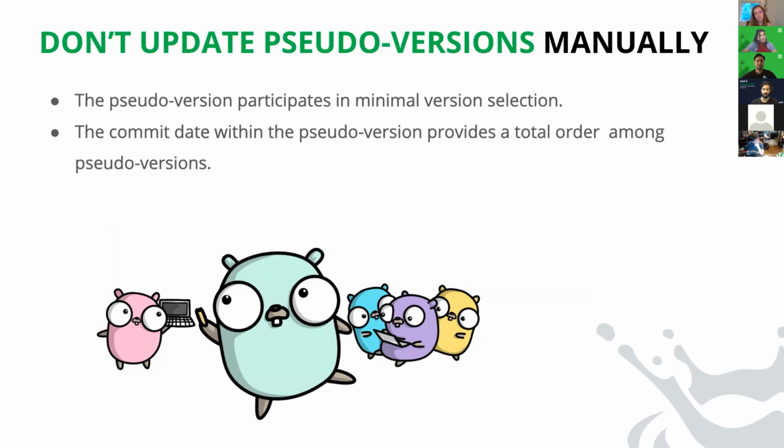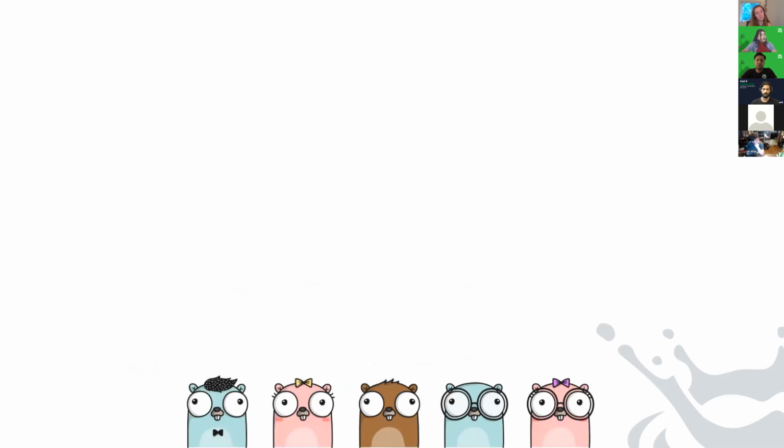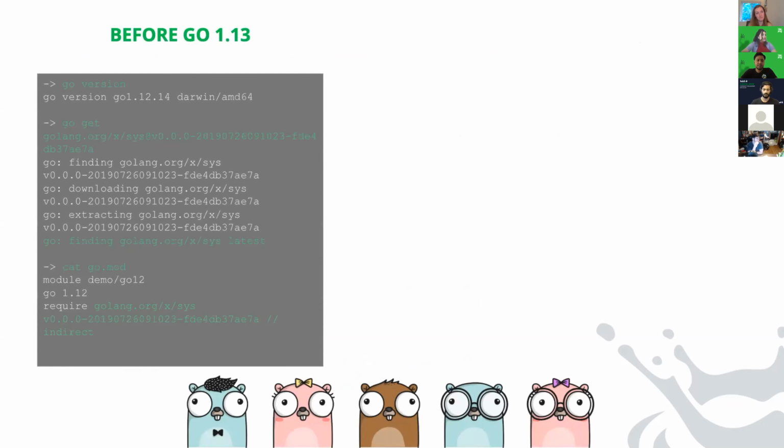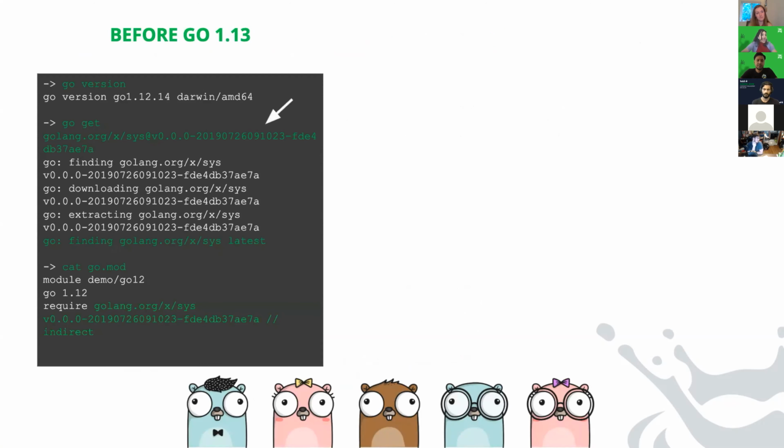So the Go team has realized all these problems, and that's why stricter rules have been enforced in Go 1.13, so that all these parameters are taken care of. Let's see what you saw before Go 1.13. Before 1.13, if you did go get for some module with any combination of version prefix and timestamp, it would resolve it to the latest for that commit hash and put it in your go.mod file.